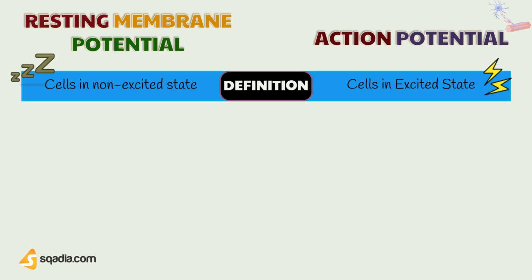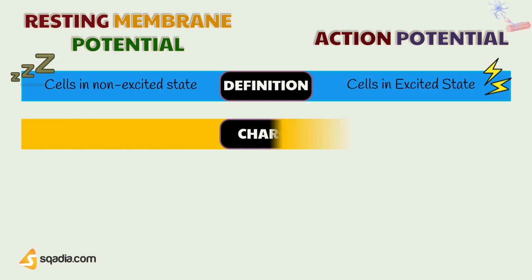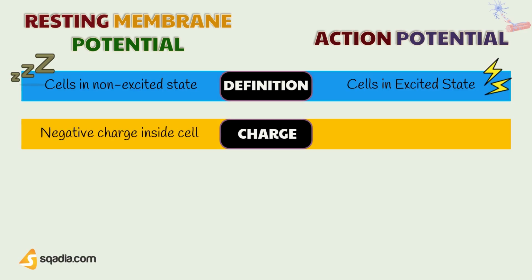What is the charge on resting membrane potential and action potential? Well, as we discussed before, there's always a negative charge inside the cell in the resting membrane. And in the action potential, these things get opposite, which means there will be positive charge inside the cell. We have also looked at that in the graph.